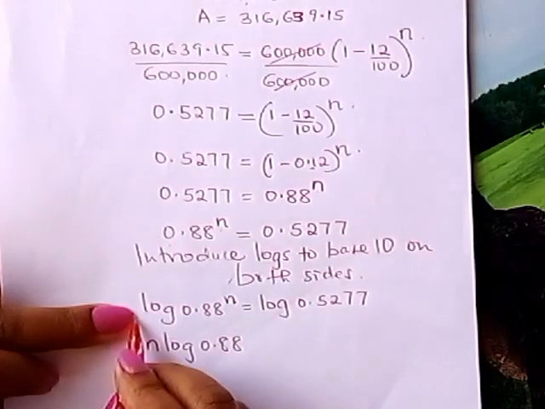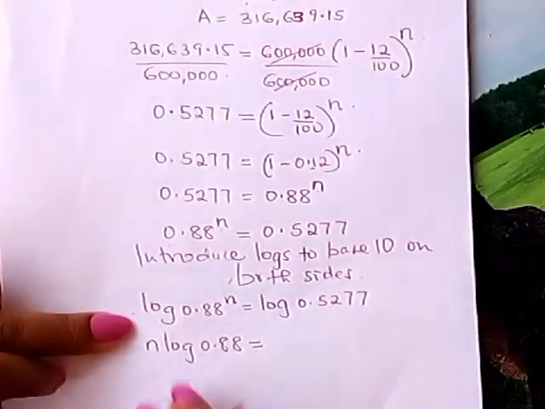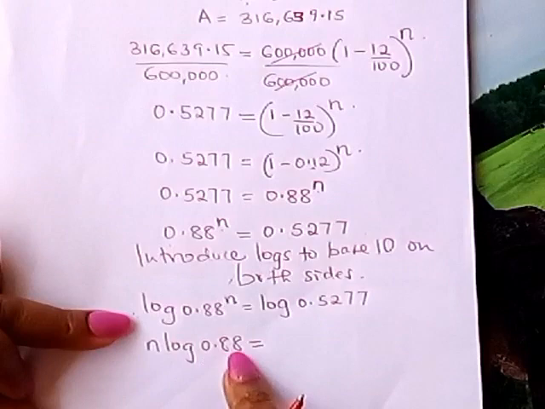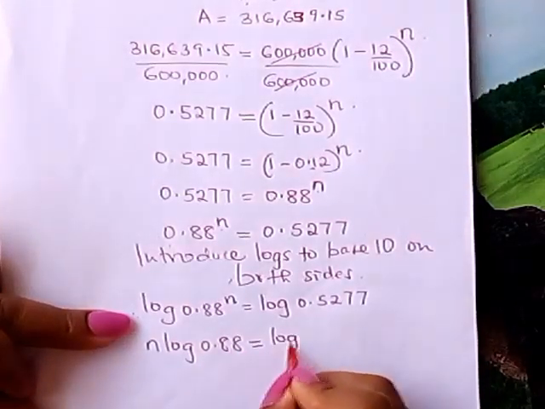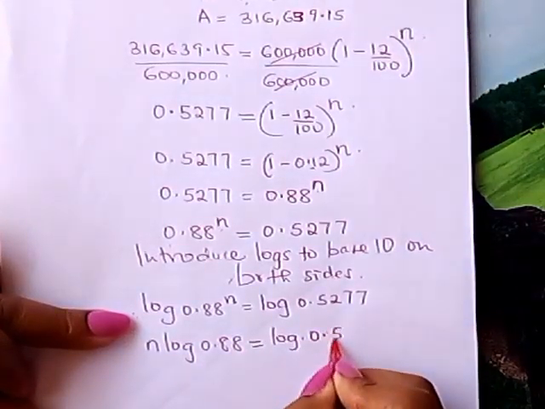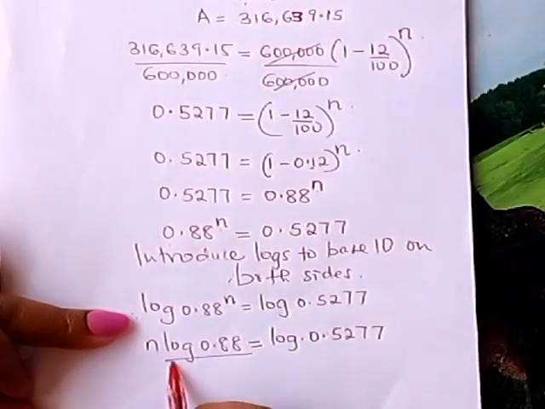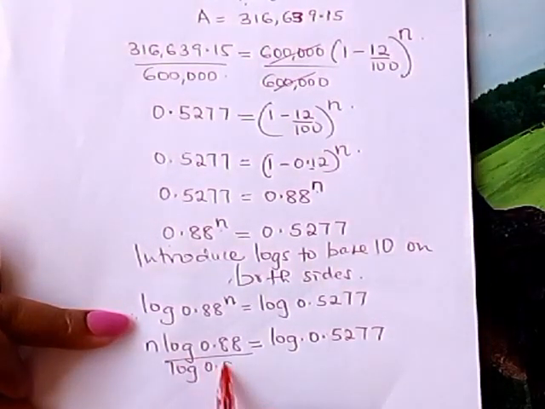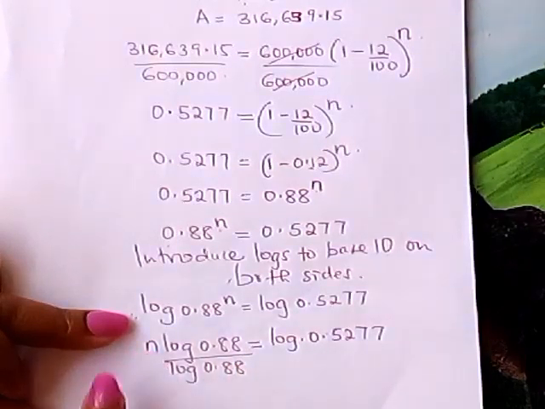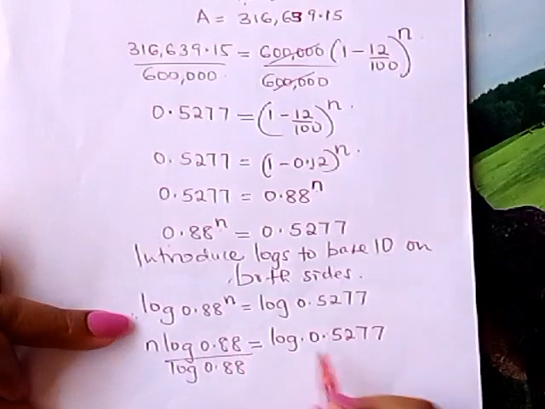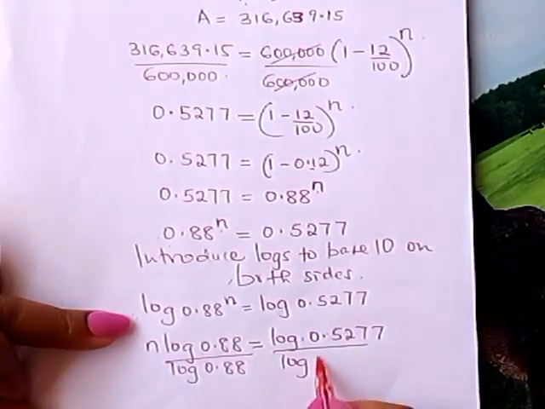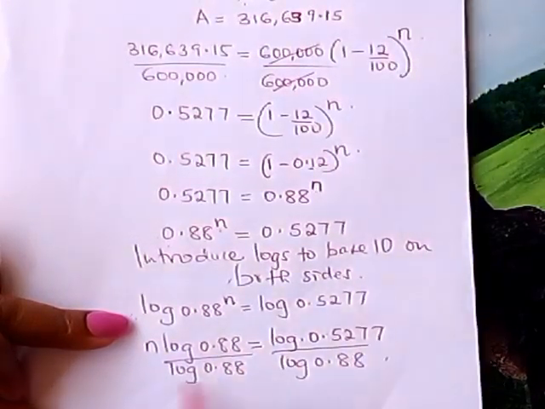So we read it as N log 0.88 is equal to log 0.5277. From there, learner, divide both sides by log 0.88 to make N the subject.